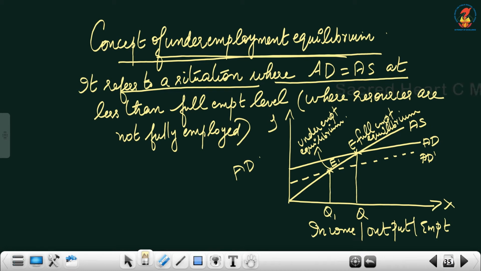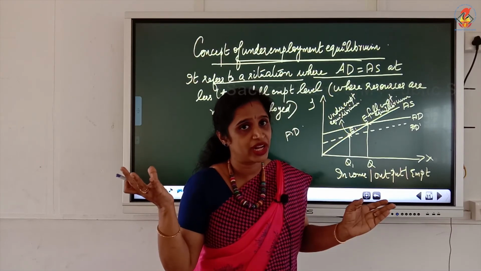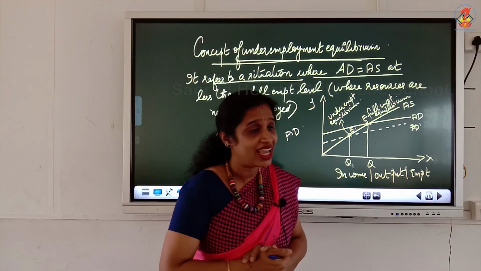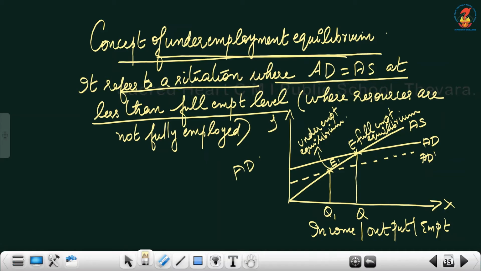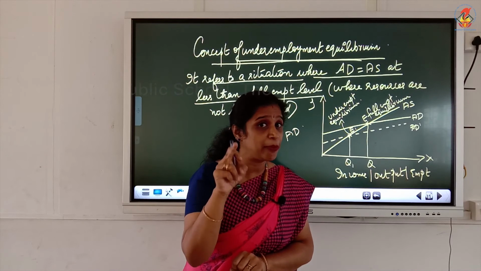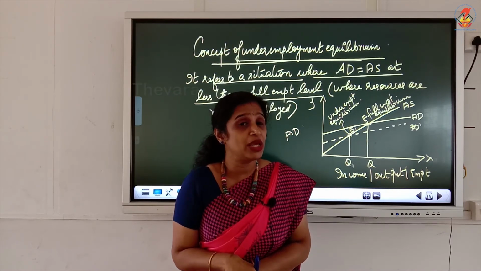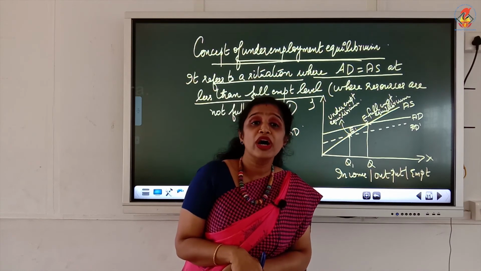It refers to a situation where AD is equal to AS. Because it is equilibrium, AD has to be equalized with AS, but at less than full employment level. It will not happen at full employment level, but that equilibrium can happen only at less than full employment level. That kind of equilibrium is known as underemployment equilibrium.